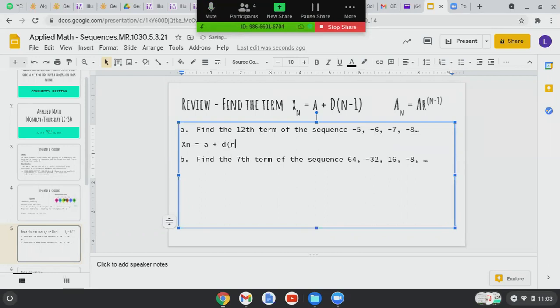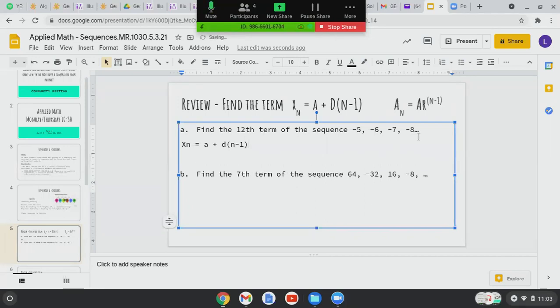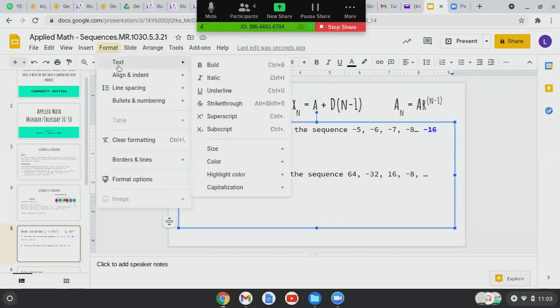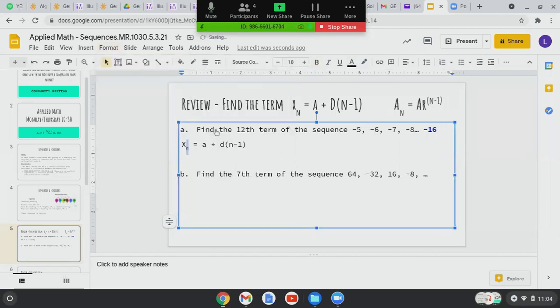All right, so we got n minus 1. So you're telling me that it is -16. Let's see. All right, so if this is our formula, we'll just put the pieces in.